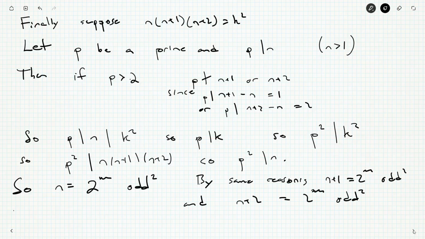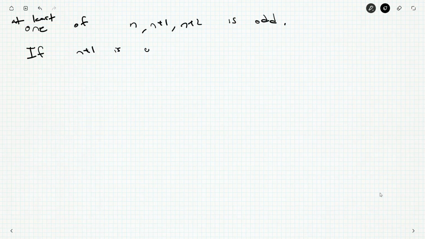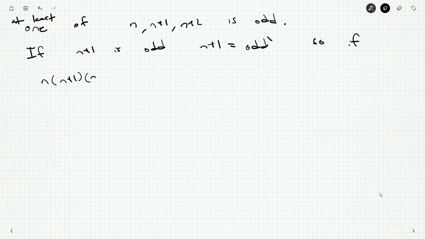Now we've got at least one of n plus 1 or n plus 2 is odd. If n plus 1 is odd, then n plus 1 is a perfect square. So if n times n plus 1 times n plus 2 is a perfect square, then so is n times n plus 2, which we know it's not.